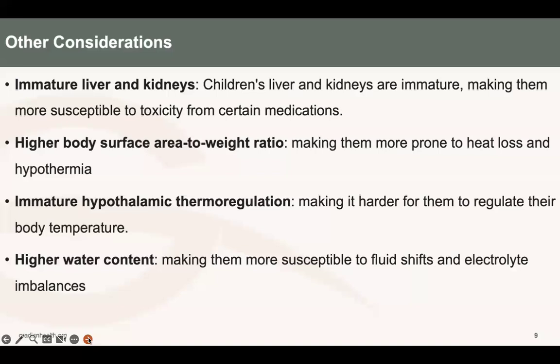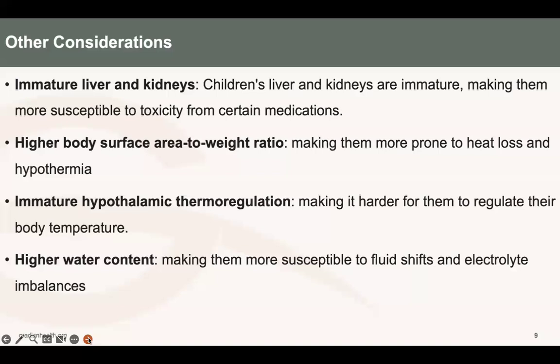For children, because of this immaturity I'm talking about, it is very, very difficult. Even in the higher centers, like the hypothalamus, which is part of the brain where regulation of temperature is done, it's not that matured. All right. And so they find it difficult to interpret temperature very quickly and develop interventions to deal with very low temperatures. Yeah. So it is very difficult for them because of the immaturity.